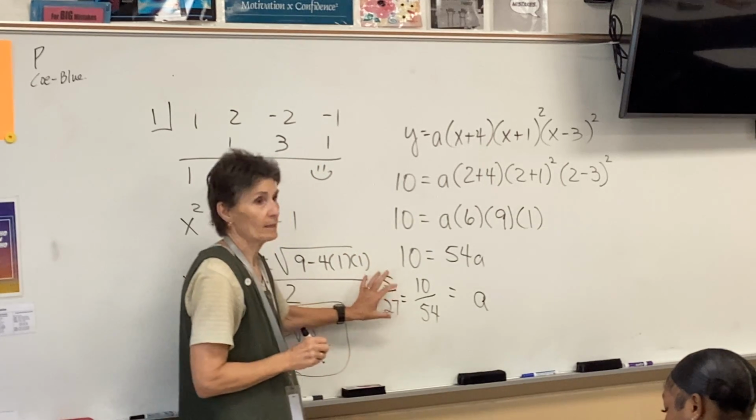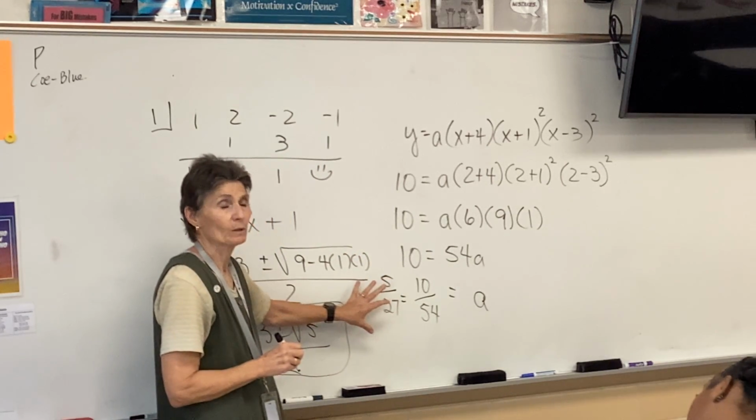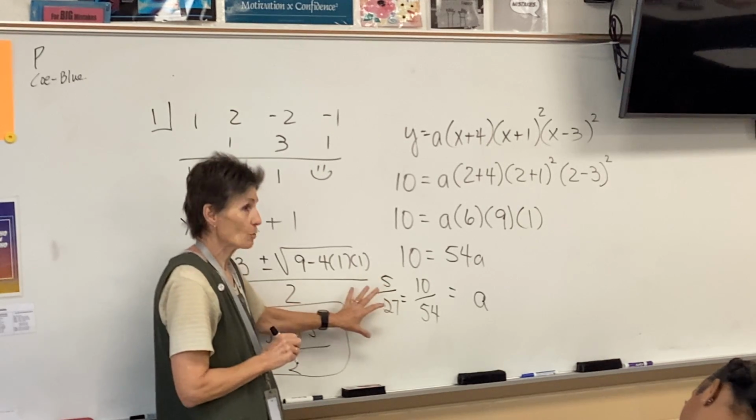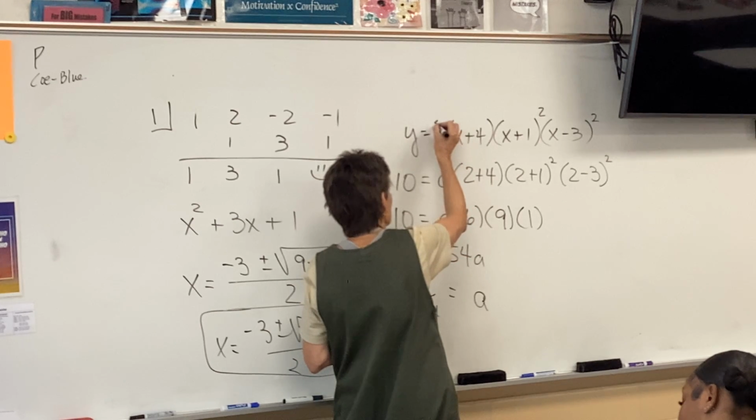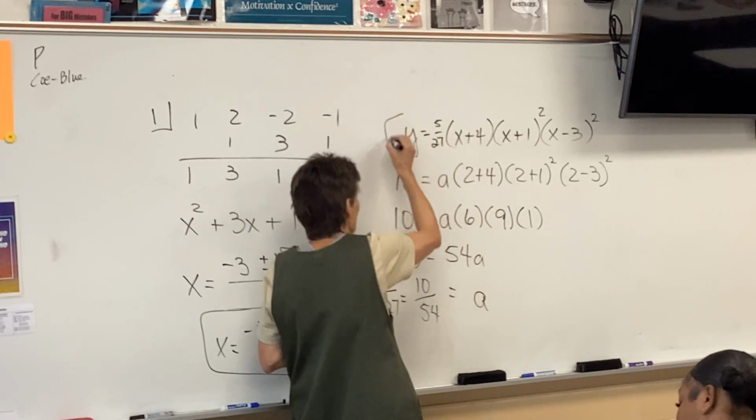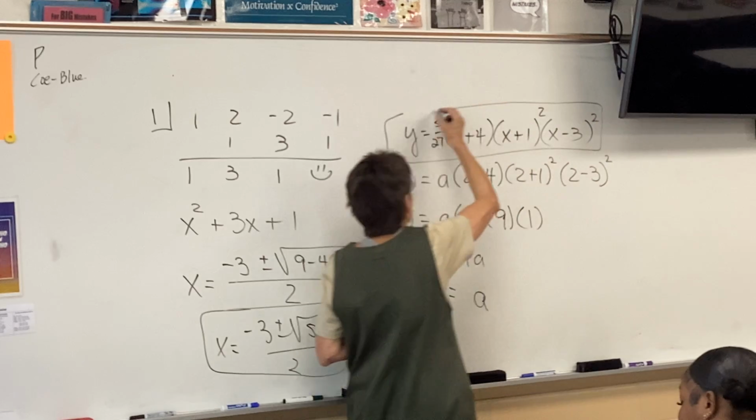And this is usually an awful number like this. They usually come out really bad. But that's okay, because all you have to do is write it down in your equation. And this is the answer to the question.